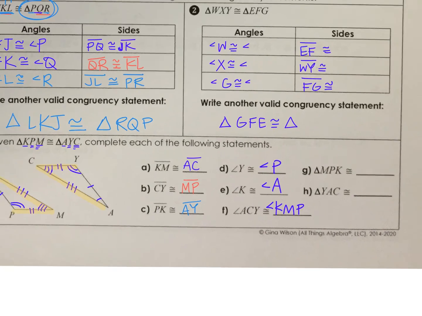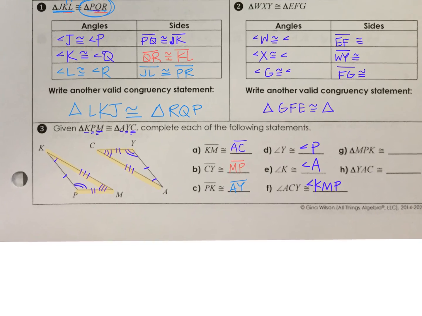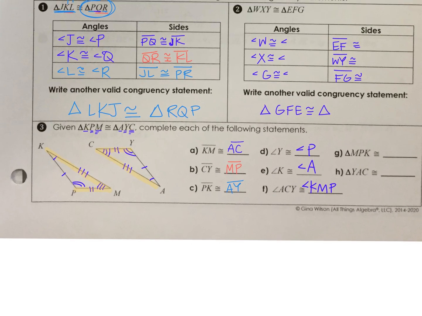All right, we got a couple more to do. Triangle MPK. It's going to match triangle, M was a 3, 2, 1, so 3, 2, 1, so CYA.